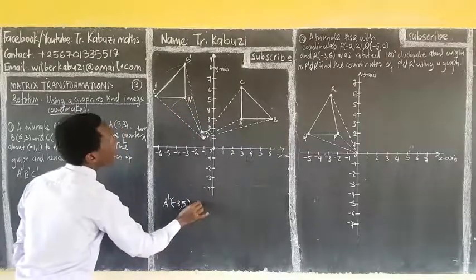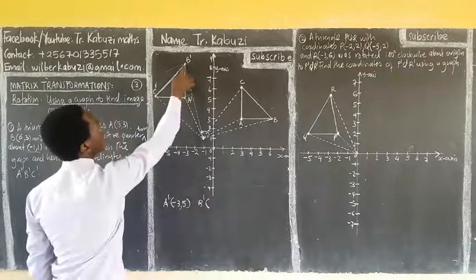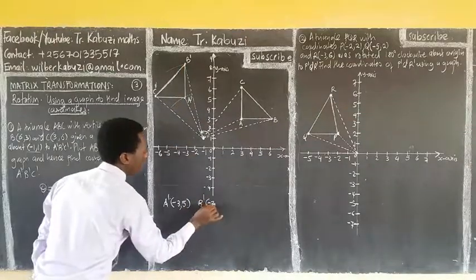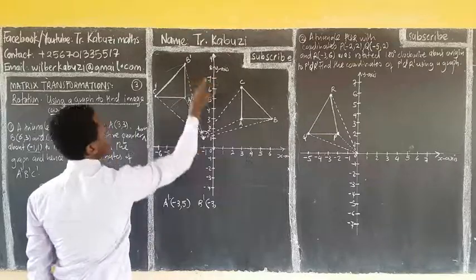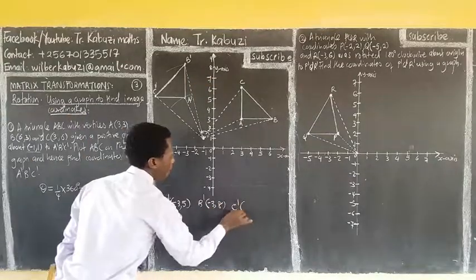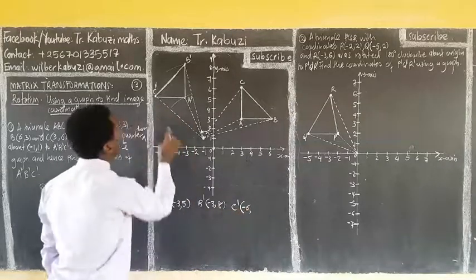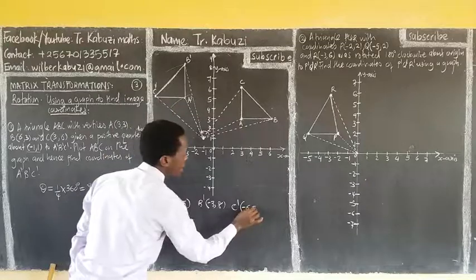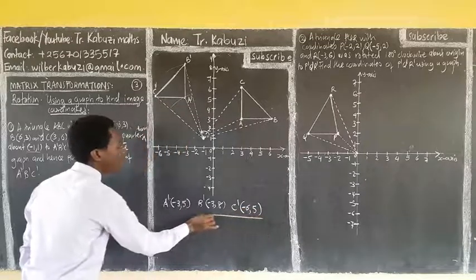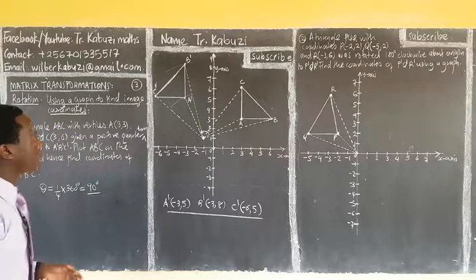Then for B prime, it's going to be negative 3, comma 8. Then for C prime, X is negative 6, then Y is 5. And that becomes our answer. So that's how we rotate.